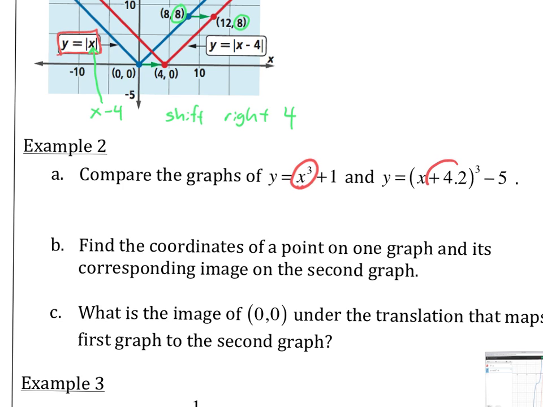All right, this right here, the plus 4.2 is actually the opposite of what I see. So that means the negative means it's going to shift to the left. Left 4.2 relative to the x that's being cubed. Now, notice here, the difference from here to here is not negative 5. What is the change? Good. It goes down 6.